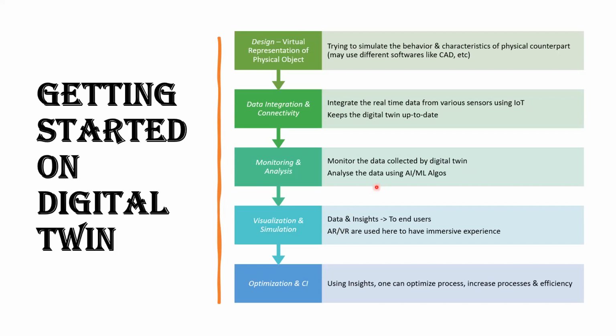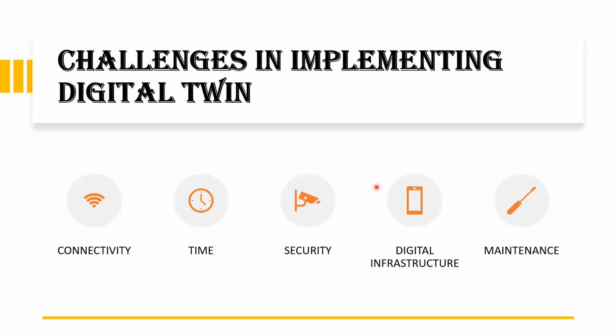So the challenges, as I told you, just because we have digital twin, we cannot start using it in all the fields that we have. It has its own set of challenges. What are the challenges? And this can be in the research area for the people who are here on the research. So connectivity is a big challenge, as we said, that this data has to be given to the virtual object. How do you give this? Not every object is connected.